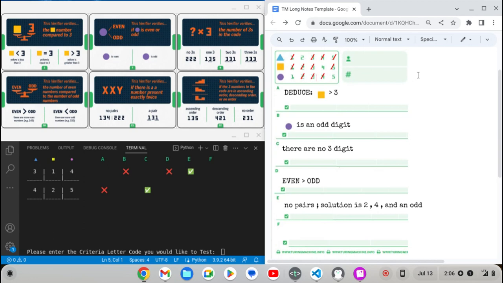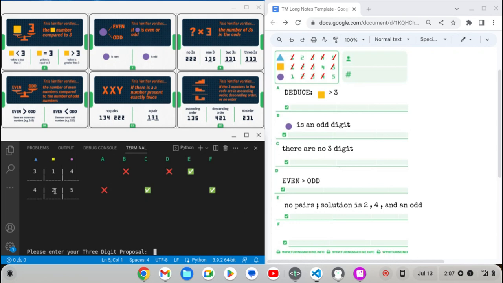And again, we're sort of left with, is it increasing or no order? I'm really leaning towards deducing that it's 1, but I'm just going to have to test it and confirm that there's no order for criteria card F. Okay, yes.